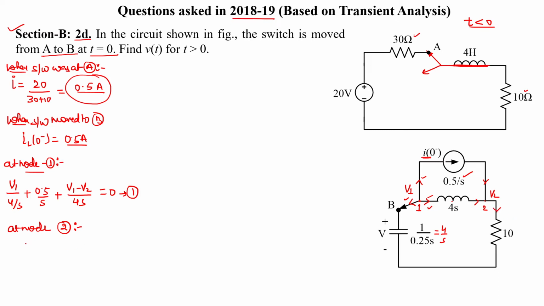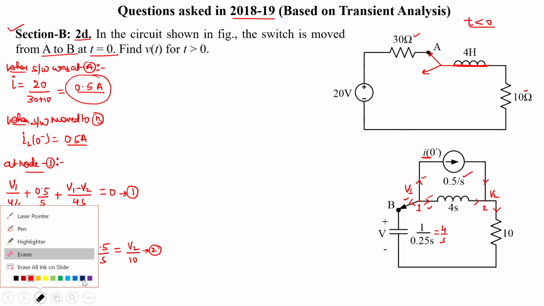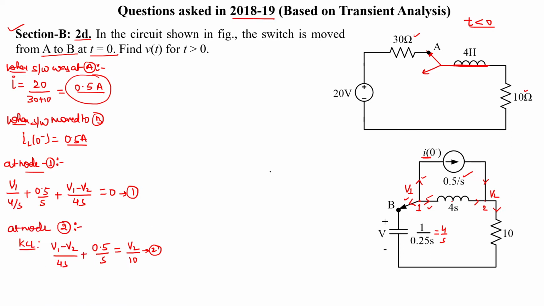So at node 2, when we apply KCL, then as per KCL it will be (V1 minus V2) divided by 4s plus 0.5 divided by s equals V2 divided by 10. This is equation number 2.